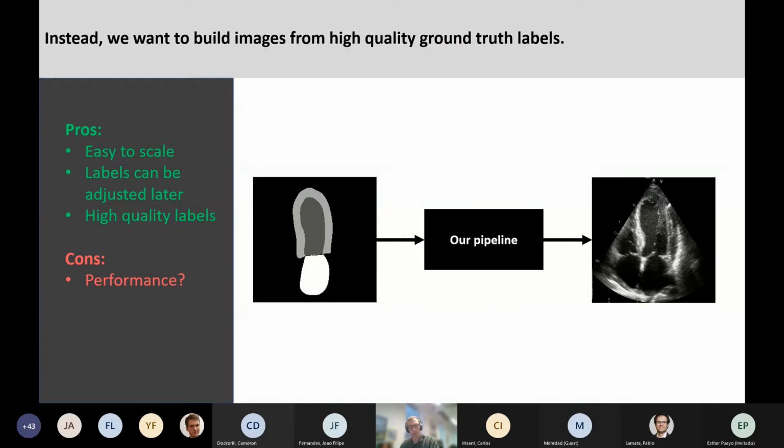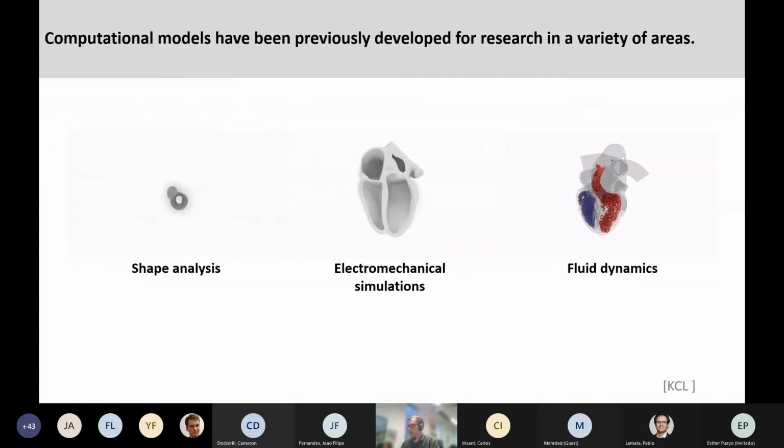But yeah, so the question then is how are we going to get these high quality ground truth labels? Where are we going to start from? And for this, we looked at some of the work that's been done by my colleagues in London. So computational models have previously been developed for research in a variety of areas. So you saw an example already from Maciej of shape analysis.